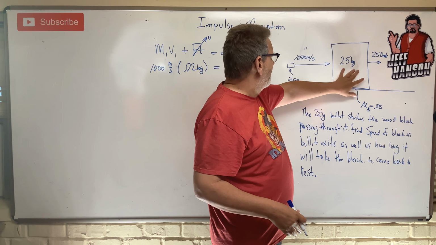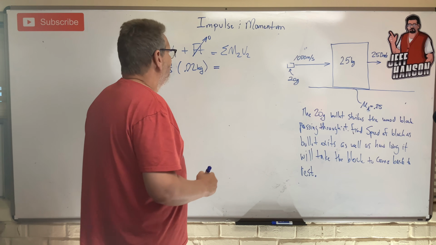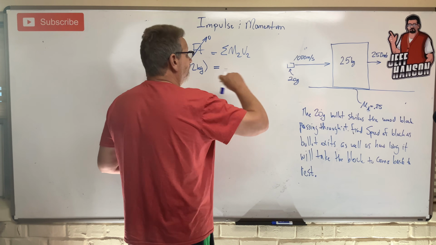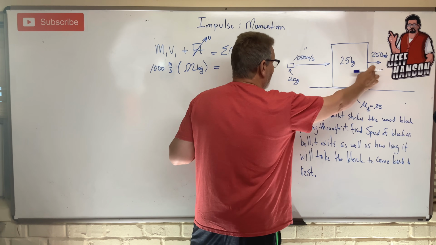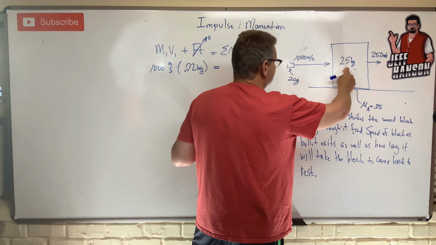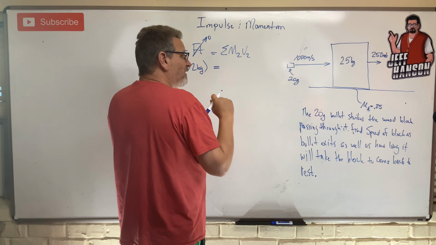So over here, what do we have? We have two things: the weight of the bullet and the weight of the block. So let's do this.